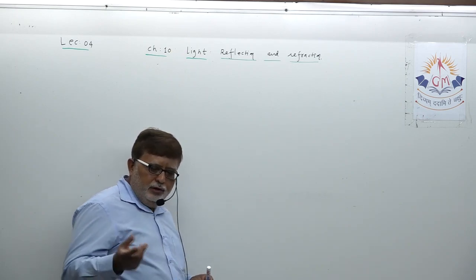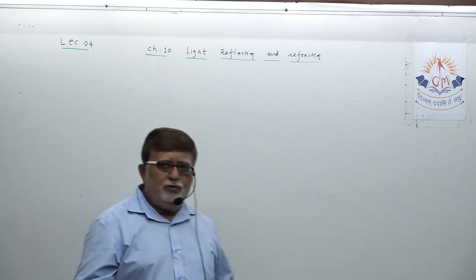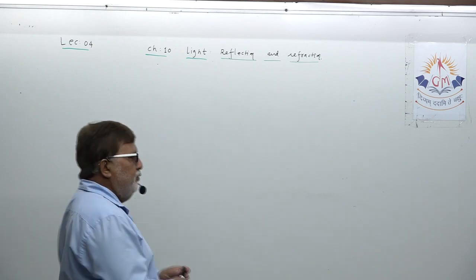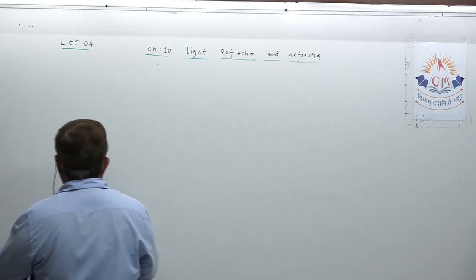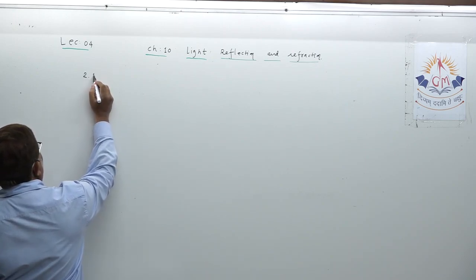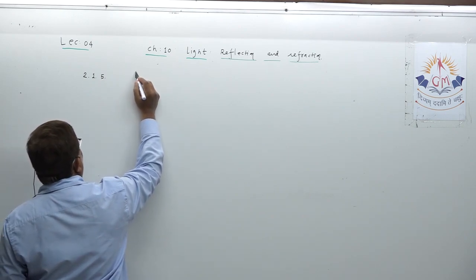Okay, dear student, now we are discussing the next topic, that is image formed by convex mirror, topic 2.1.5, which we are targeting today. First, what is the topic? Image.